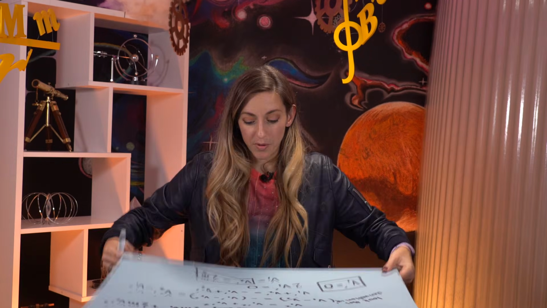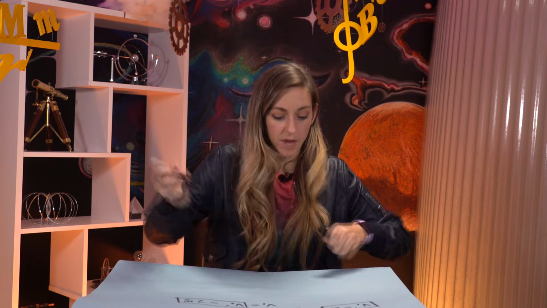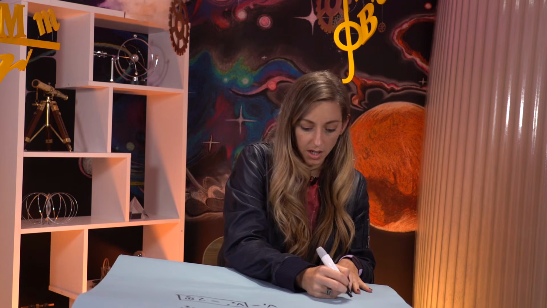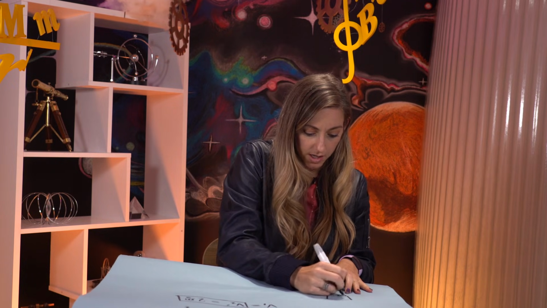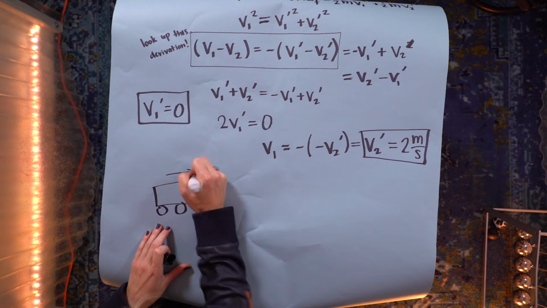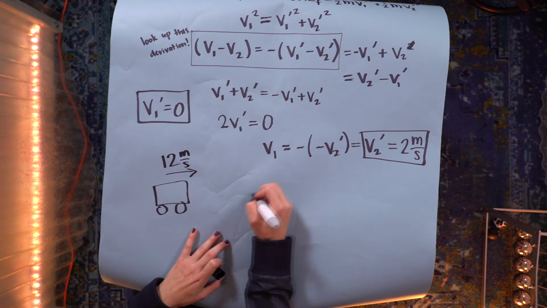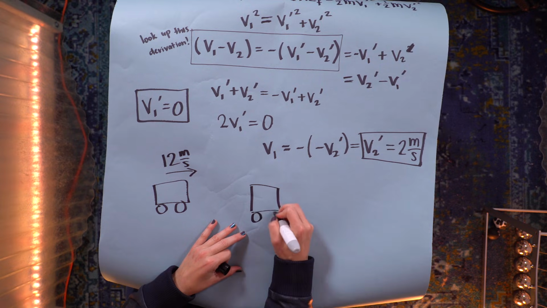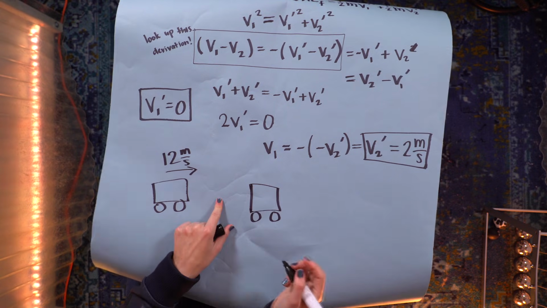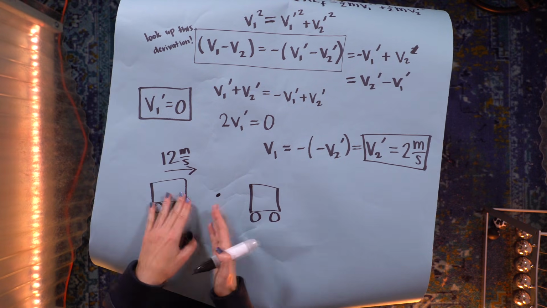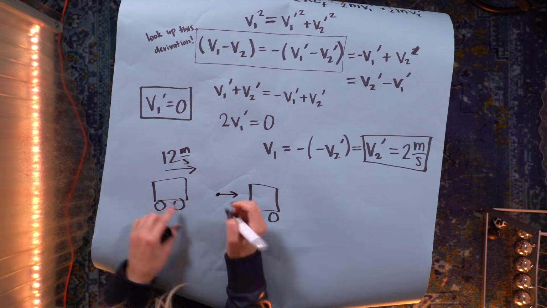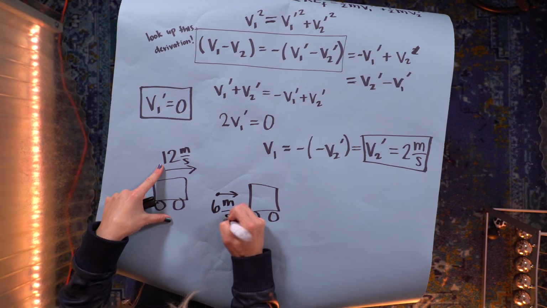So take the train, for example. I'm just going to draw it. We had two trains. Train one was moving at 12 meters per second, and the second car was stopped over here. So the center of mass was halfway in between, and that was moving to the right at half the speed of this one, at 6 meters per second.